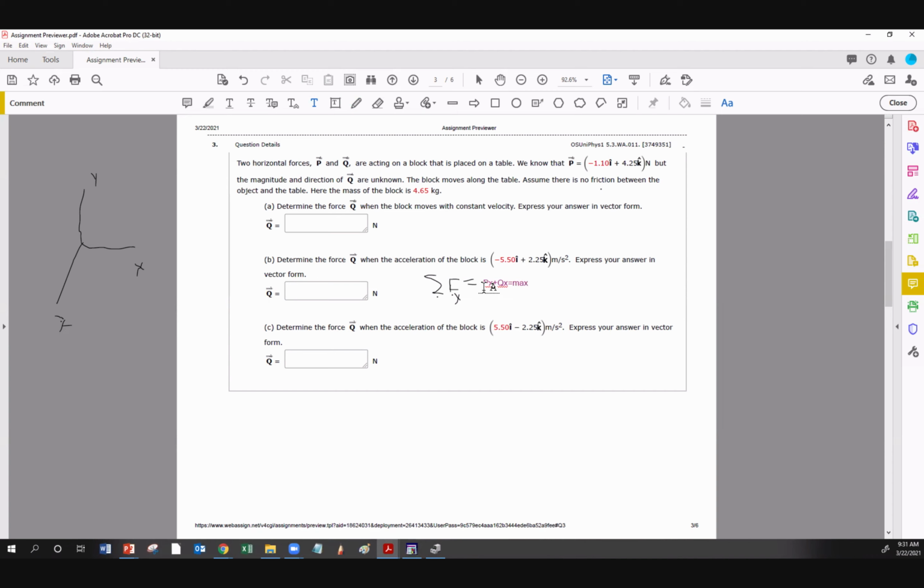So along the x direction, we've got the x component of P, the x component of Q, which we don't know, and the x component of this acceleration. And then we know what the mass of the block is. So the sum of the forces produces an acceleration.